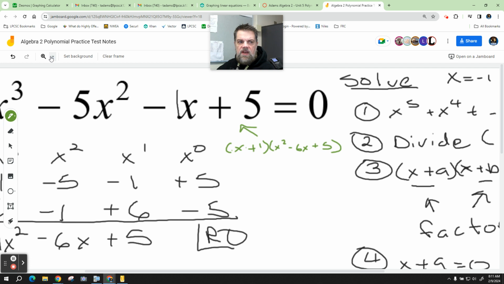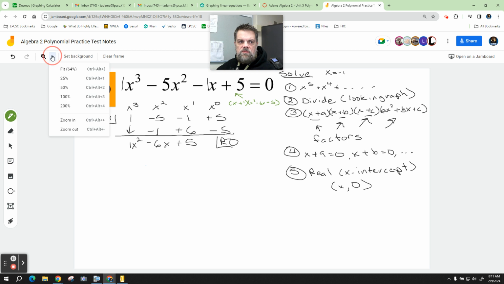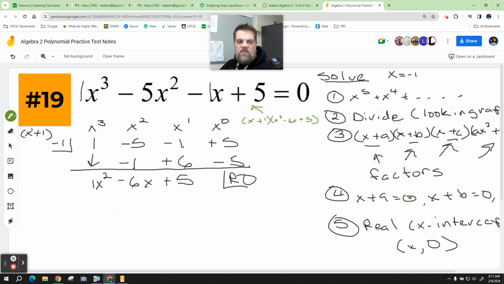That's what we're doing, okay? That's what we've just figured out just now. We've divided this polynomial by this binomial, and we got this trinomial, which is a quadratic.